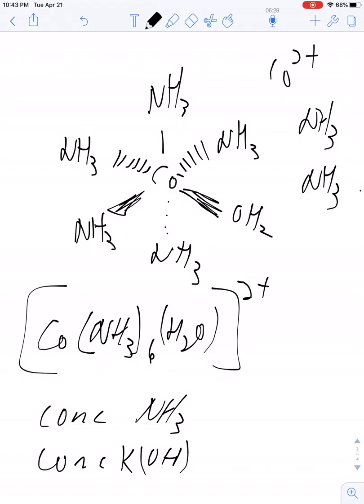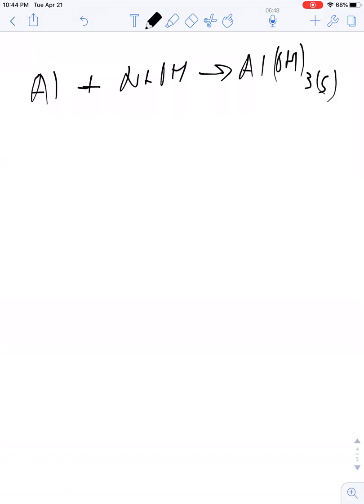Okay, I'm just going to give you one example of this. For example, if we add sodium hydroxide to aluminum, what you get is aluminum hydroxide, which is a solid, plus sodium ions.